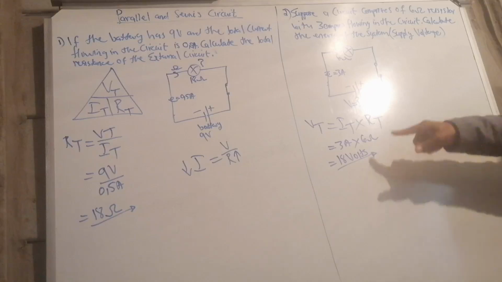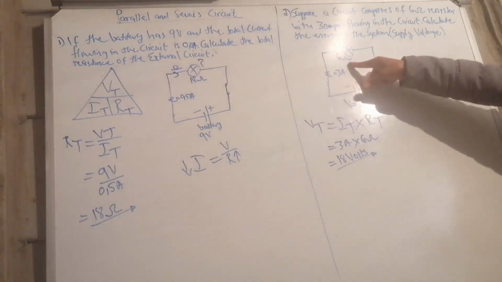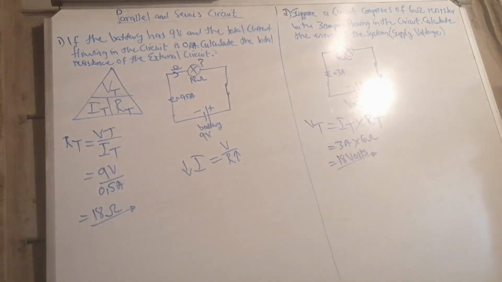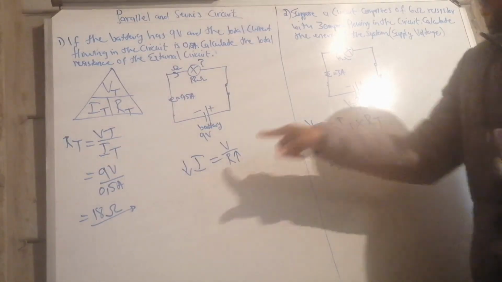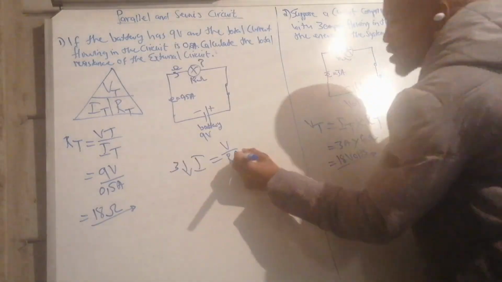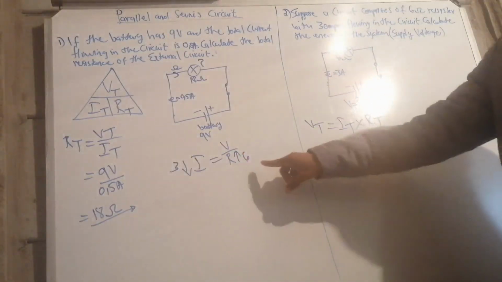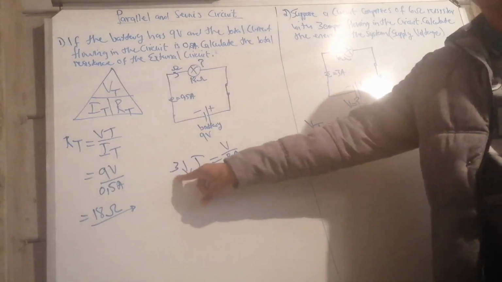If the resistance is about double, the current flow would be halved. So this is something more. Current here is 3. Resistance here is 6. When resistance is high, current is low.